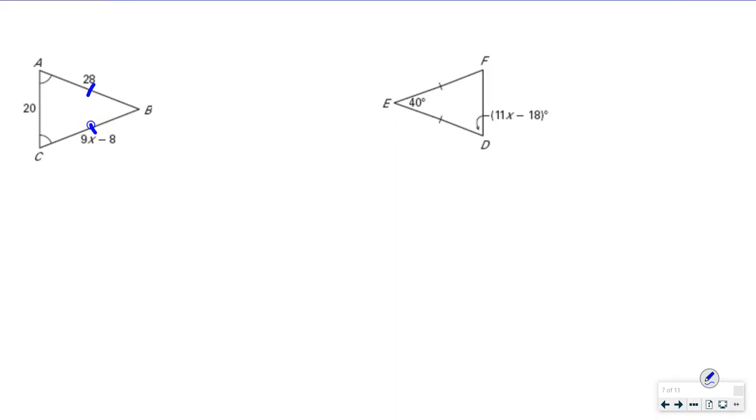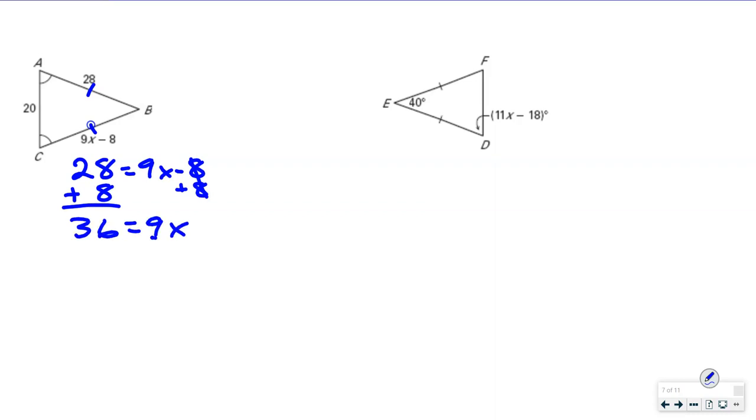And 28 equals 9x minus 8. So I want to work to get x by itself. 36 equals 9x, divide by 9. So x equals 4.